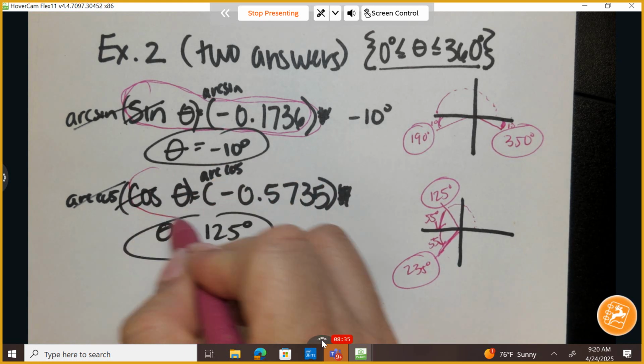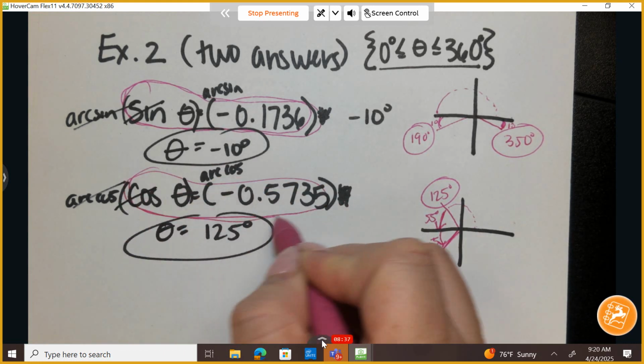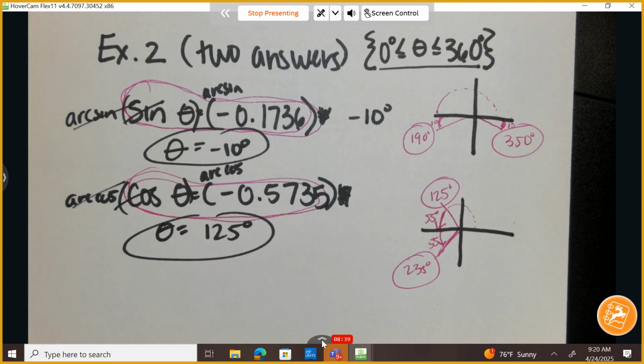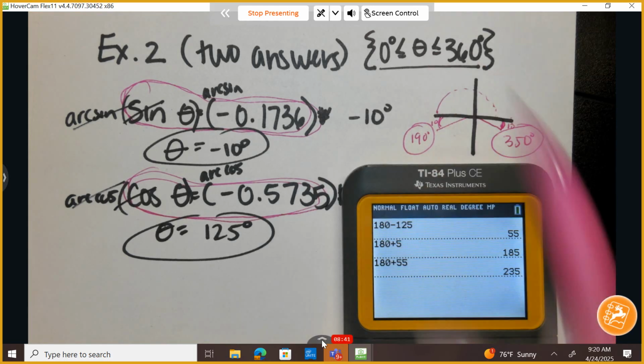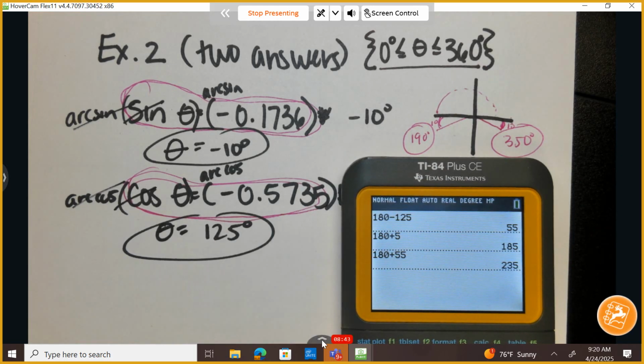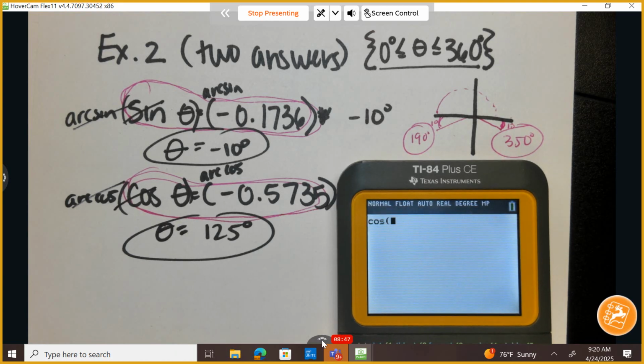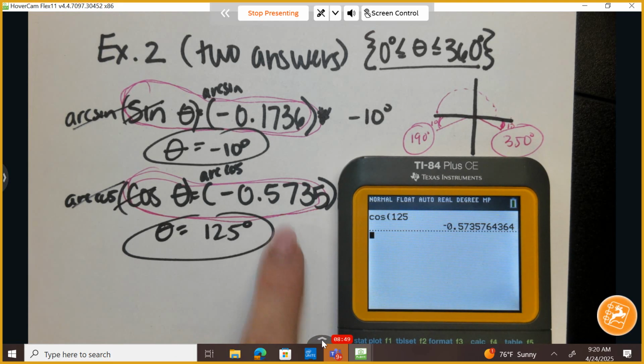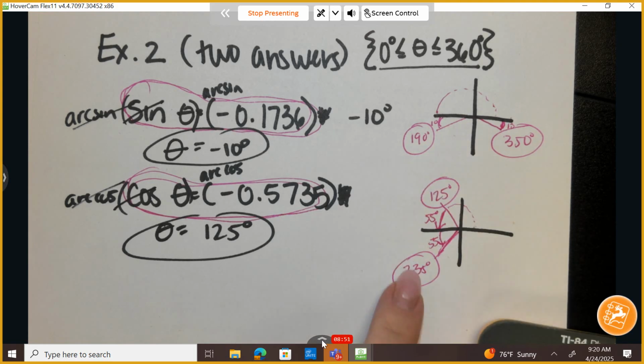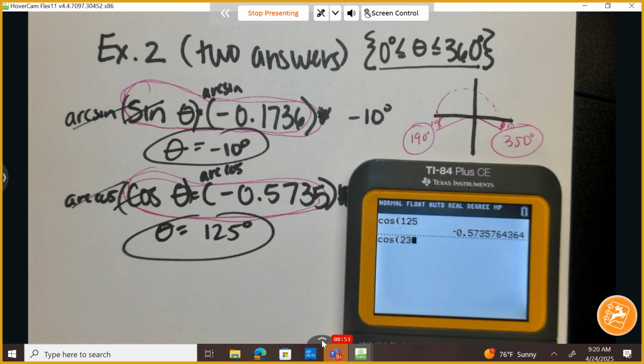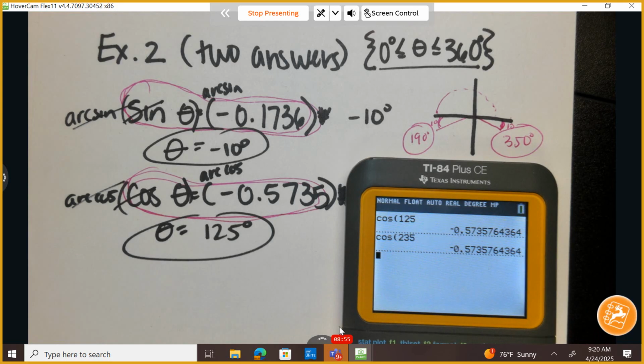Let's go back to this original statement that we want to satisfy. Our goal is to find two angles between 0 degrees and 360 degrees that make this statement true. Let's try. This is cosine. So cosine of 125. Okay, good. And then cosine of 235. Great.